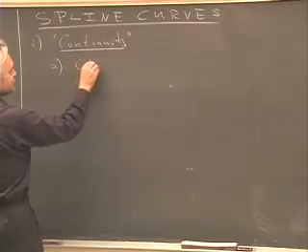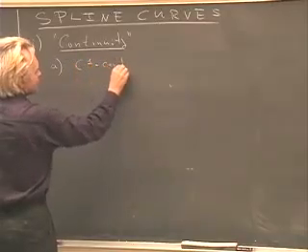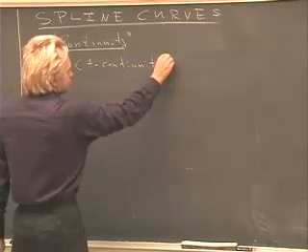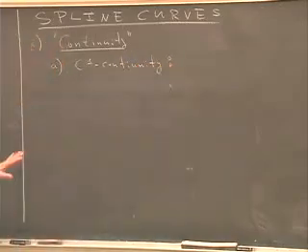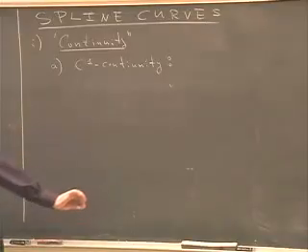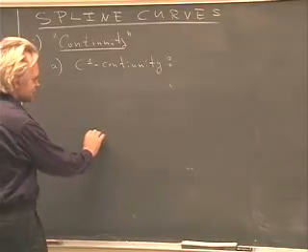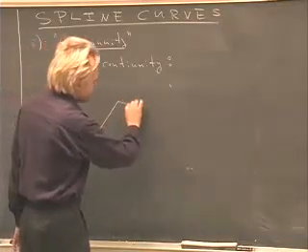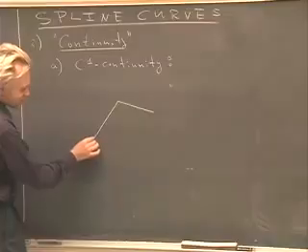C1 continuity. You have some of this already in your notes, but I just want to repeat it because it's so important. In C1 continuity, let me just do it for the example of a quadratic Bezier curve.